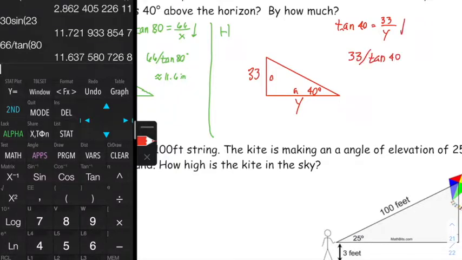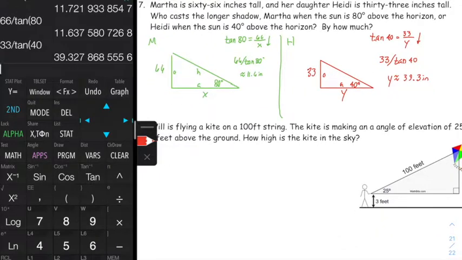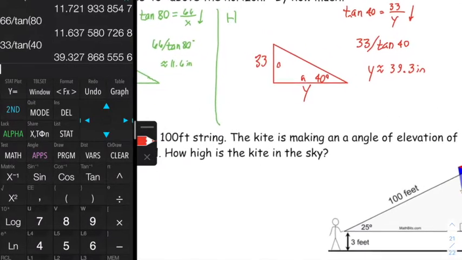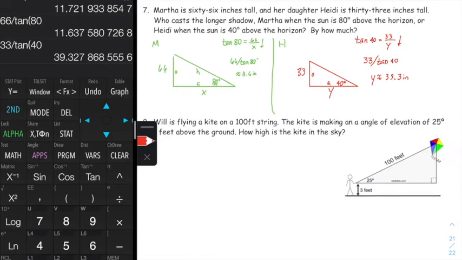I know that shortcut because y is in the denominator, so we're going to have to divide. So 33 divided by tangent of 40 degrees is going to be 39.3 inches. So who casts a longer shadow is going to be Heidi.